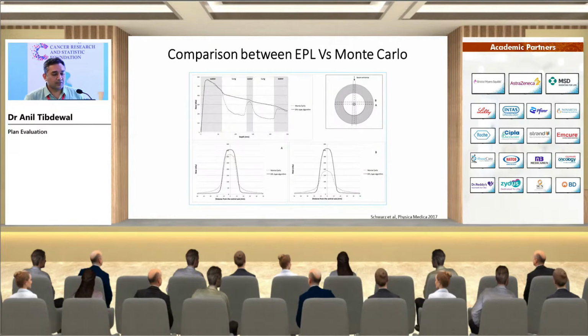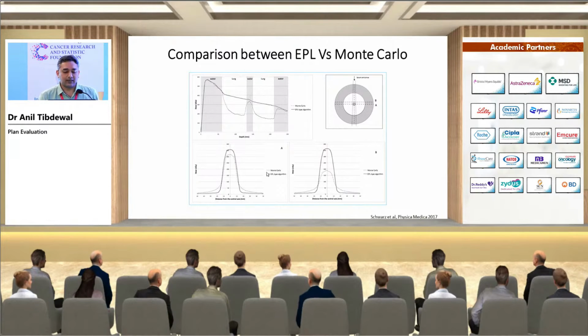Now, this is a prime example of the comparison between the equivalent path length and the Monte Carlo system. Here you can see that if you use the equivalent path length, you are overestimating the dose delivered in the lung. In reality, if you calculate by Monte Carlo, it is actually lesser in lung tissue, and much more so when you are calculating at the edge of the PTV.